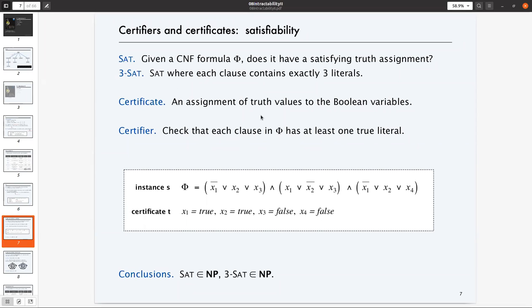Sorry, could you repeat that? Yeah. So here the certificate can be a truth assignment for your function. I am giving you some truth values of boolean variables: set x1 equal to true, x2 equal to true, x3 equal to false, and like that. Instead, what if I give you the whole truth table?